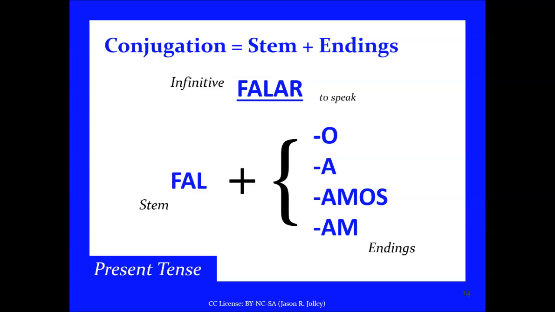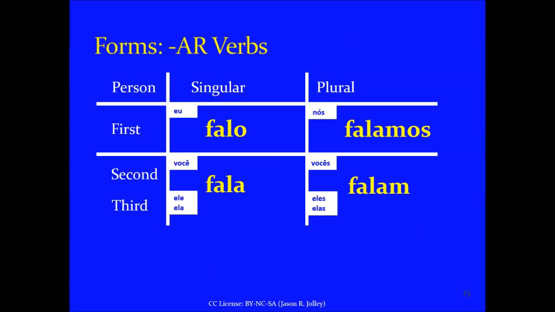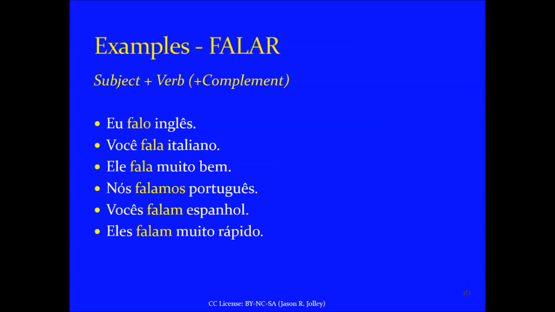In the case of regular AR verbs like falar, to speak, those endings are u or o, a, amos, and am. So again, the 4 forms of the verb falar in the present tense would be falo, fala, falamos, falam.